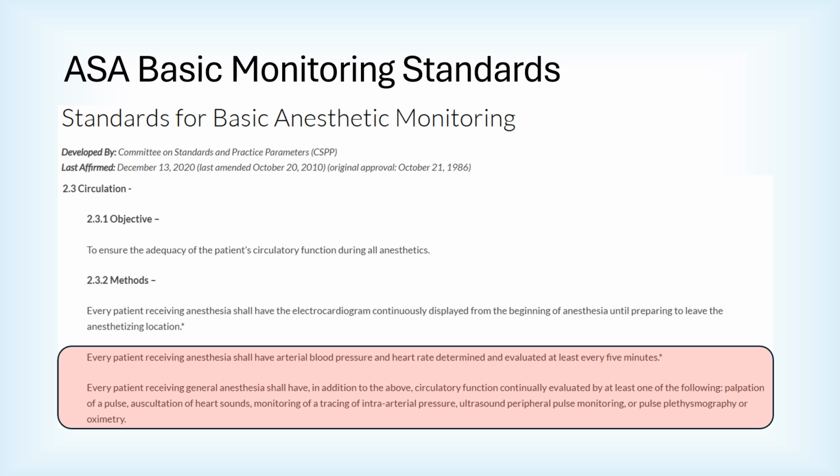Every patient receiving general anesthesia shall have, in addition to the above, circulatory function continually evaluated by at least one of the following: palpation of a pulse, auscultation of heart sounds, monitoring of a tracing of intra-arterial pressure, ultrasound peripheral pulse monitoring, or pulse plethysmography or oximetry. To this end, arterial blood pressure can be monitored with intermittent or continuous and direct or indirect methods.